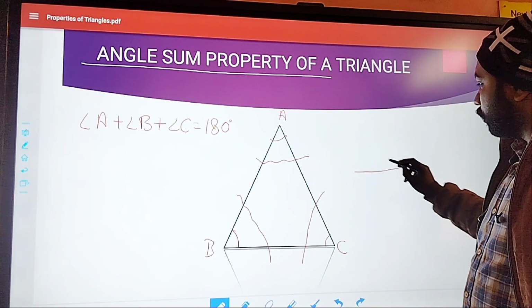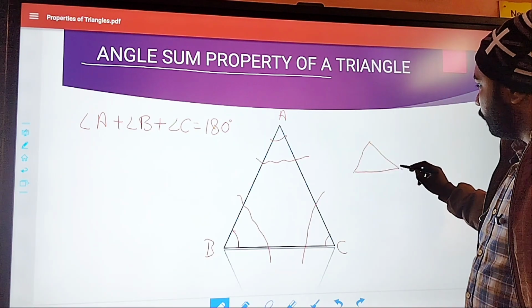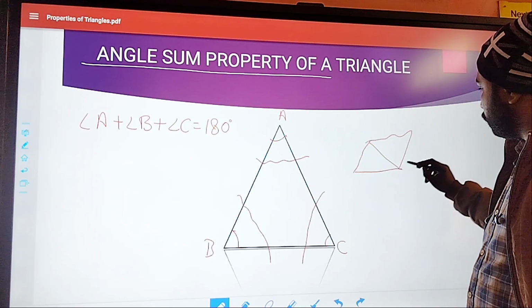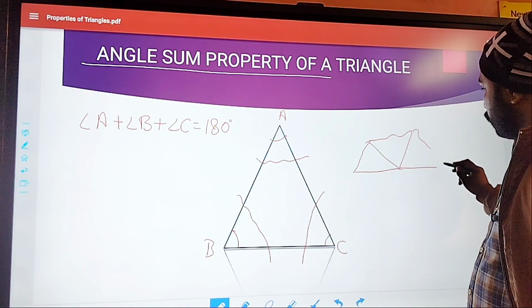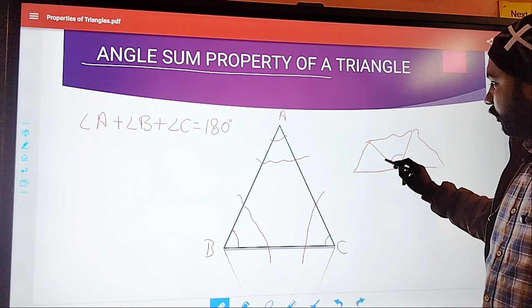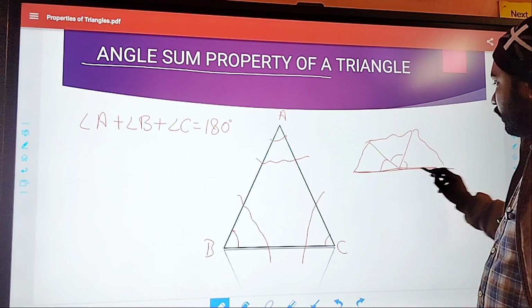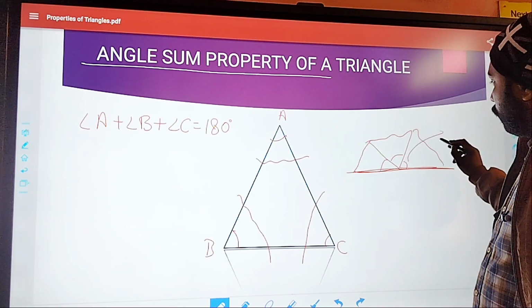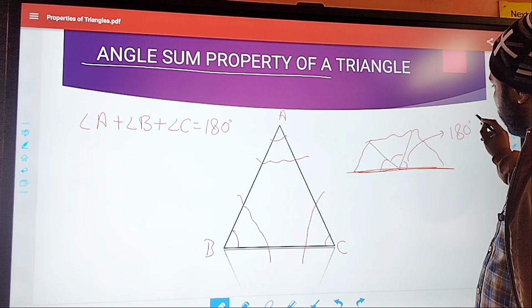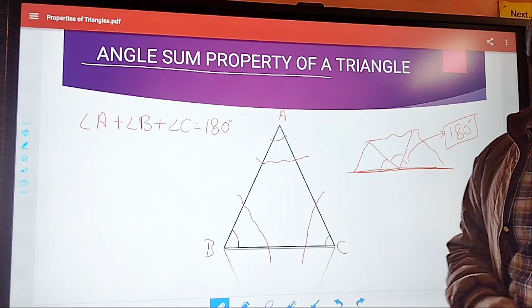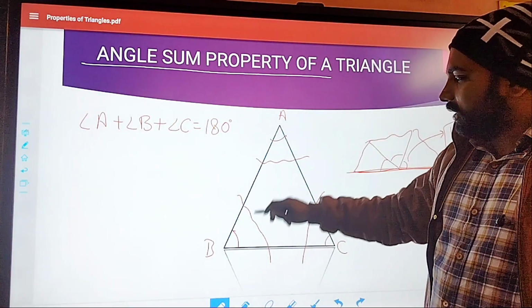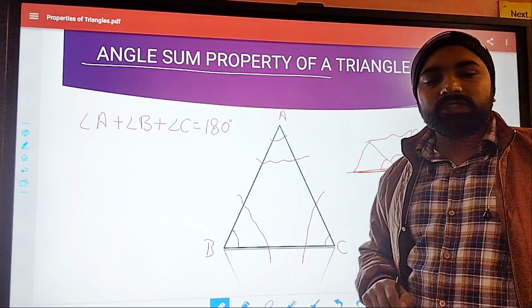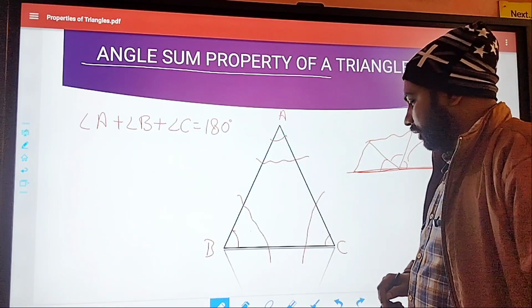When you join all these three torn parts together, they will form a straight line. And you all know very well that a straight line makes an angle of 180 degrees. So we can say that the sum of all these three angles is 180 degrees.